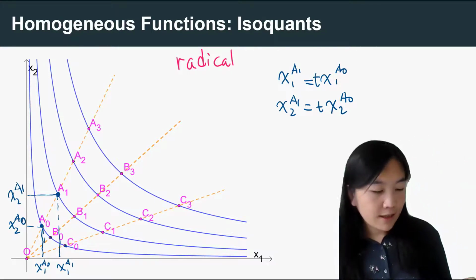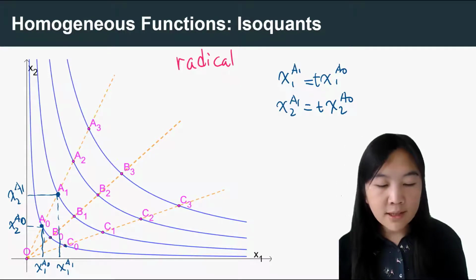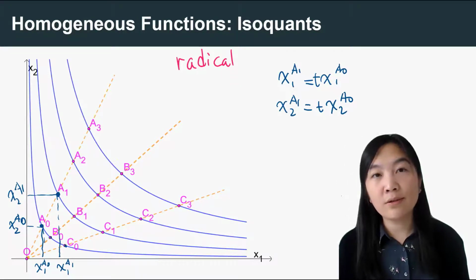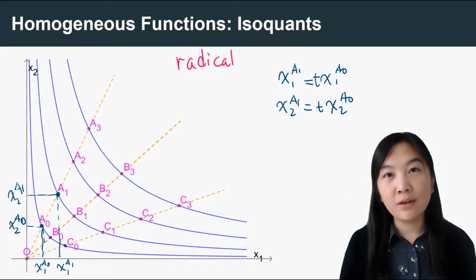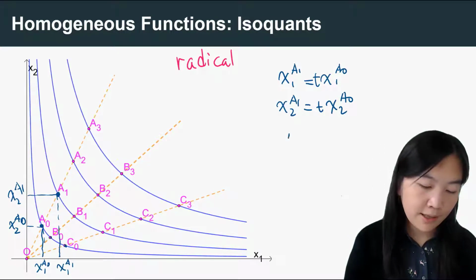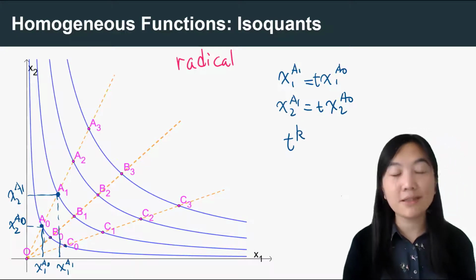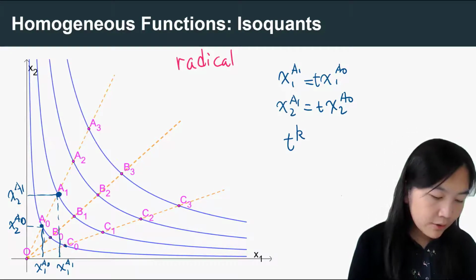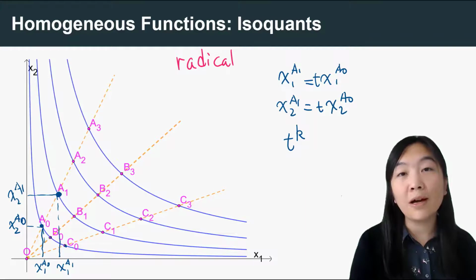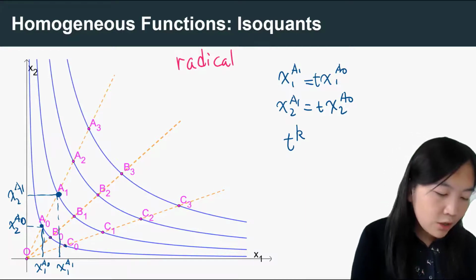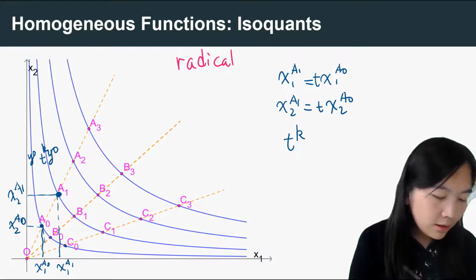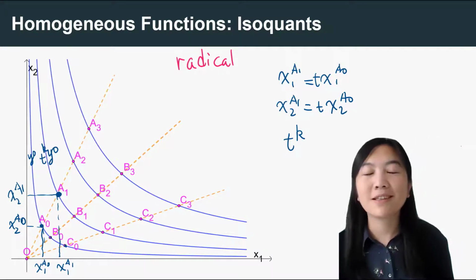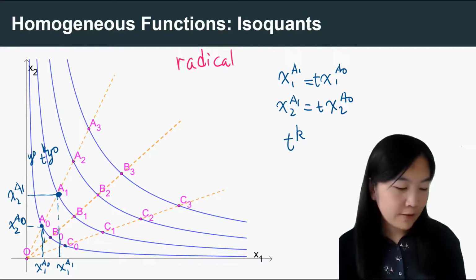So if the input use increased by t times, the output will be increased by t to the k times. So at this isoquant where a1 is located, suppose this is y0, then this will be t to the k times y0. That's the output level for that point.